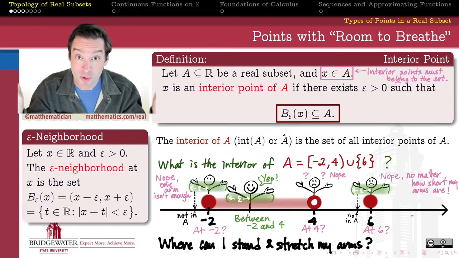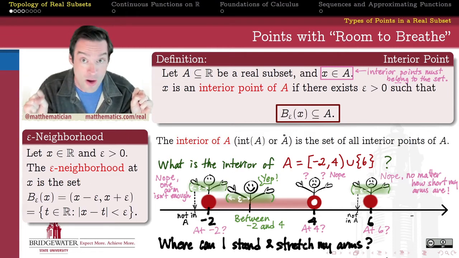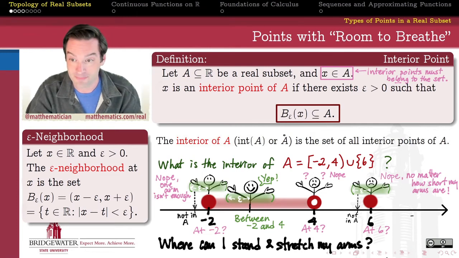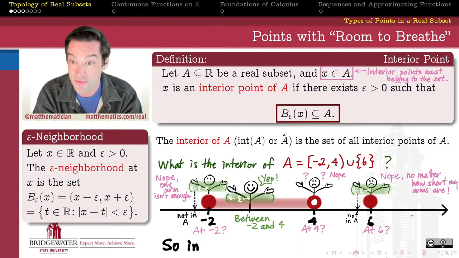I can't reach out to both sides, no matter how short my arms are, without touching something that's outside of A. So -2 does not get to be a part of the interior.